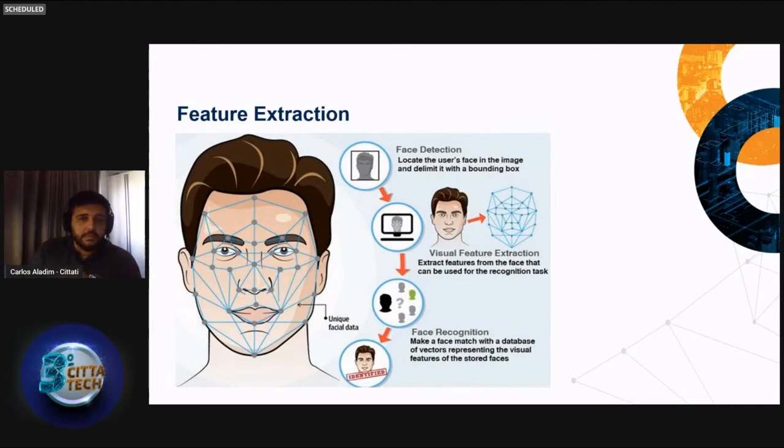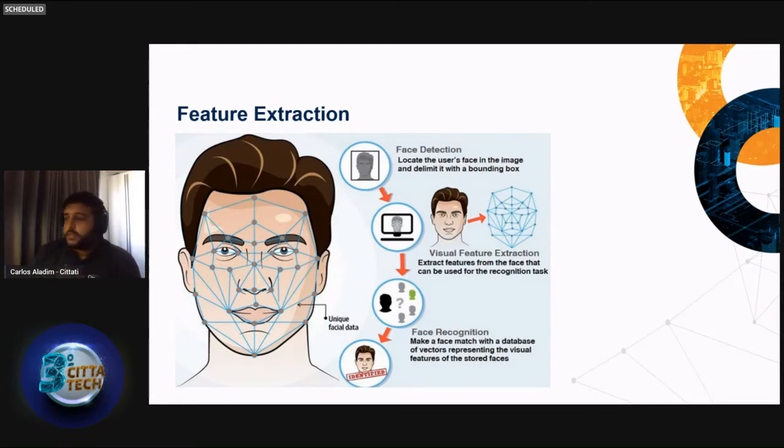Let's use this example of a human face. Feature extraction is just the algorithm taking your face and defining certain points that are important to define that this person will be recognizable by the algorithm.